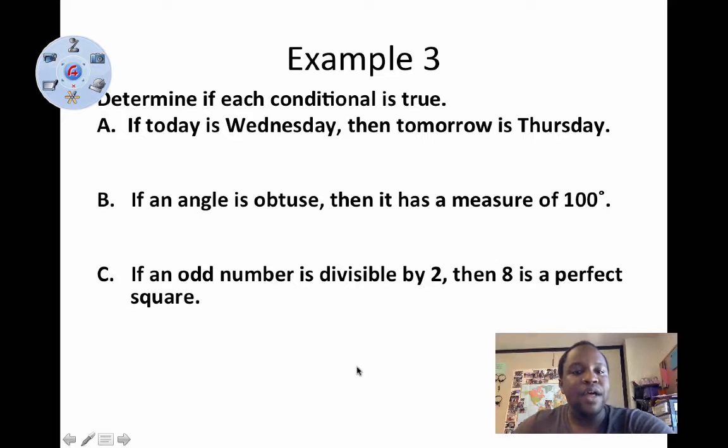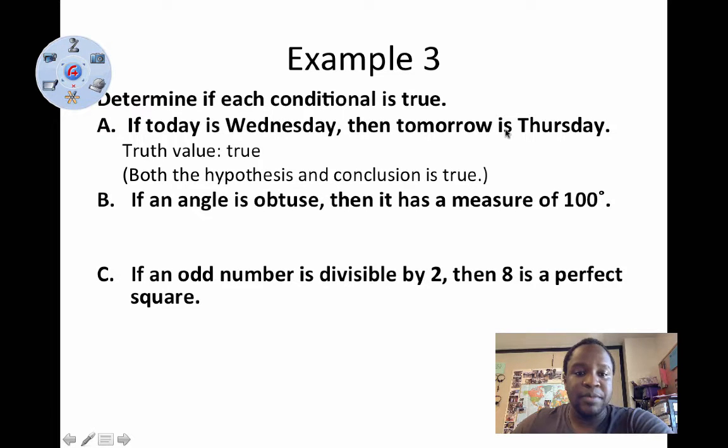So now we have three conditional statements, and I would like you guys to determine if these conditional statements are true. If today is Wednesday, and for me right now it is Wednesday, then tomorrow is Thursday. So since today is Wednesday and tomorrow would be Thursday, this conditional statement is true.